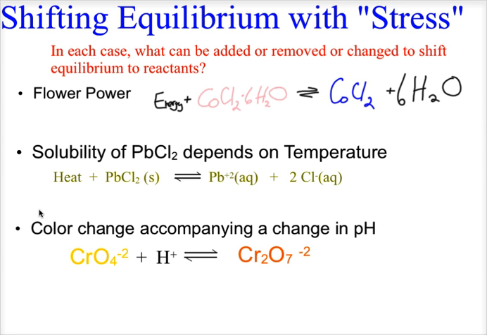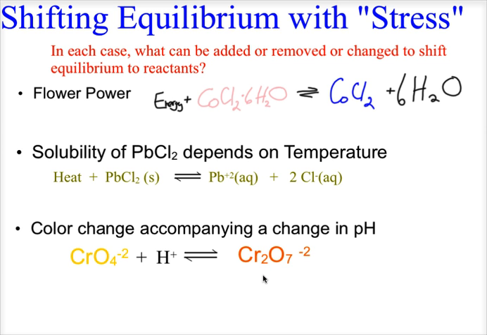And finally, introducing pH a few times in this unit, getting ready for our acid-base chapter. Raising the pH means you're lowering the concentration of the hydrogen ion. So if you lower the concentration of the hydrogen ion, the system is no longer at equilibrium, meaning the reactants are too low in concentration, and so the quotient Q is too large.